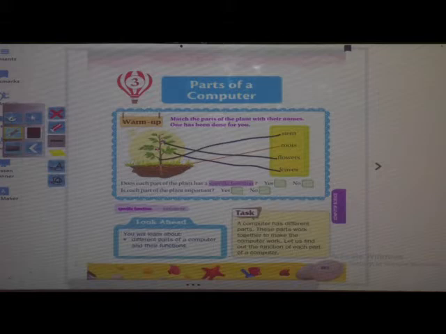For example, when you sow a seed, the roots grow. As the root grows, then the stem will come, then leaves, then flower and then fruit. So here they are asking, does each part of a plant have a specific function? Yes, you have to tick in this box.